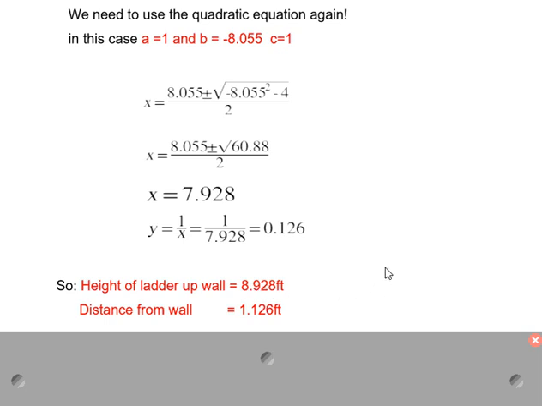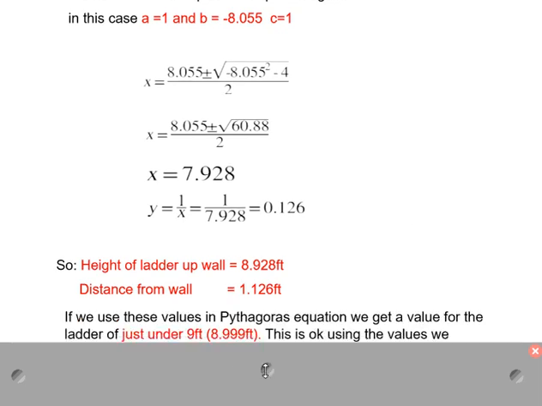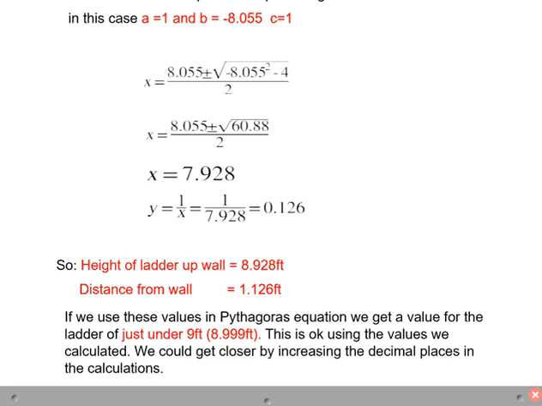We put these into the Pythagoras theorem again, and we see that we get a value of just under 9 feet. It's okay, because we've used values which are probably more decimal places, so I think that's pretty close.